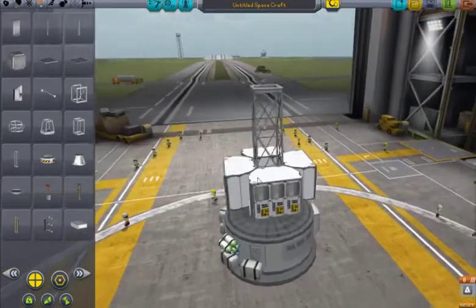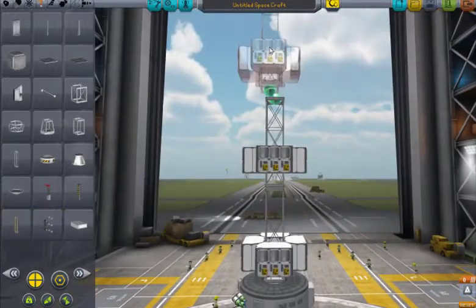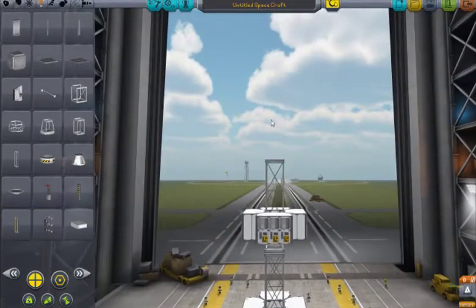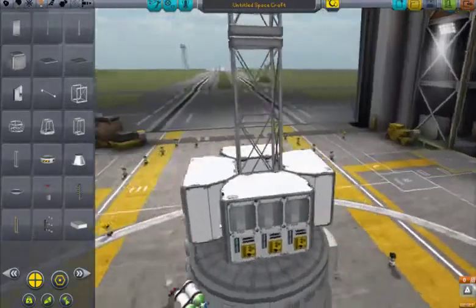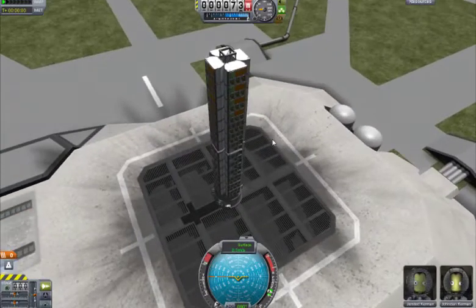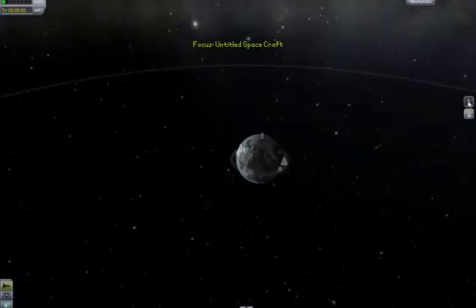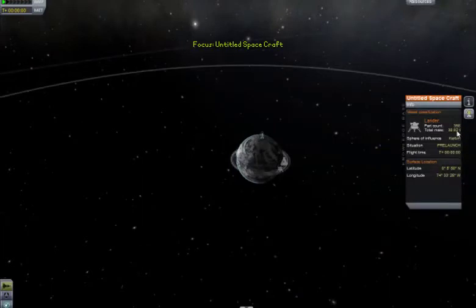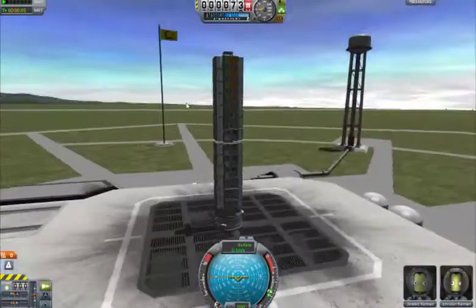But yeah, let's try to recreate what I did and just show you. As you can see here, this is a pretty big object. It has 358 parts, and it's still not a big punch for the frame rate.